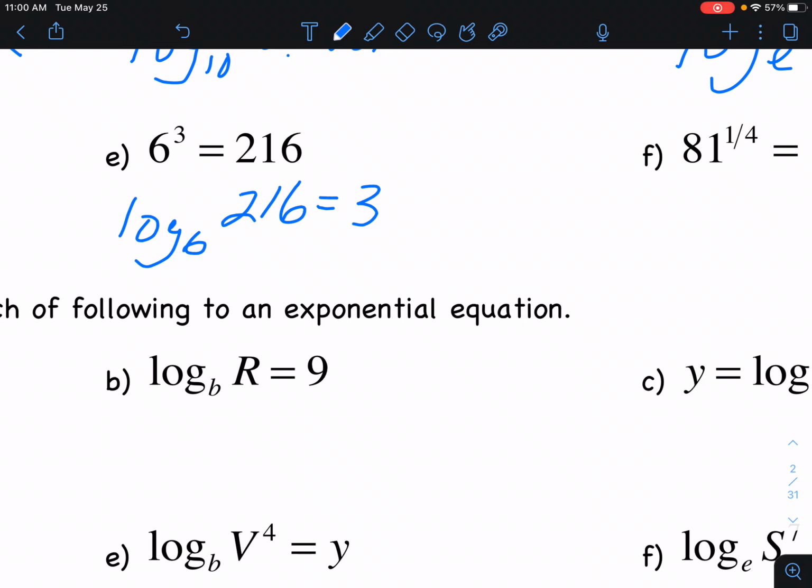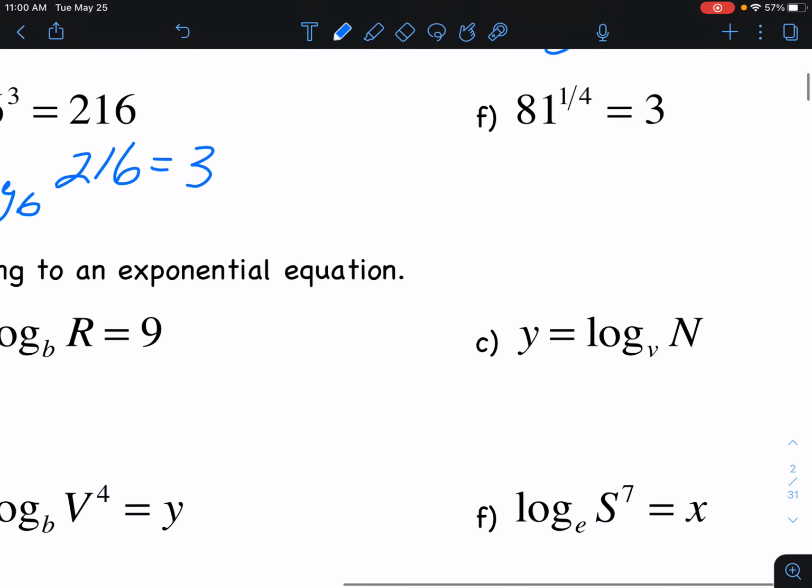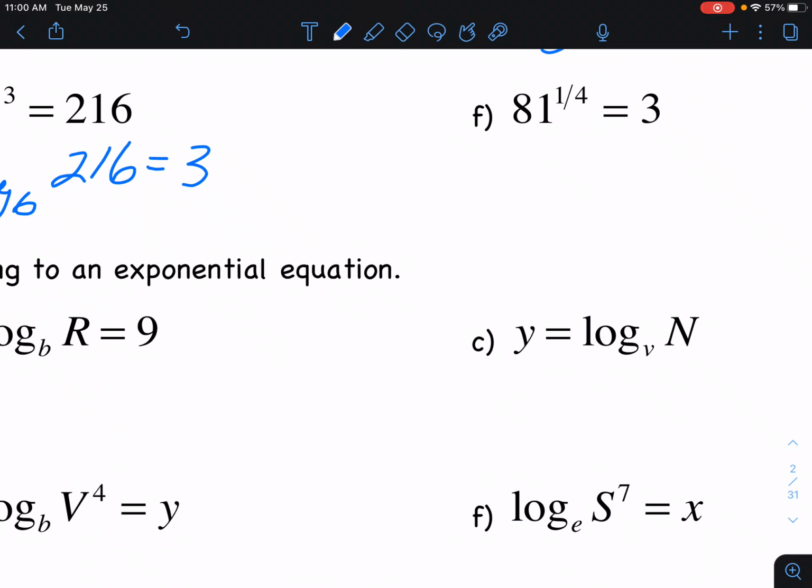You would say it's 3, because 6 times 6 times 6 is 216. Letter F's not tricky to write, but it's tricky to comprehend. So that would be log base 81 of 3 equals 1/4.